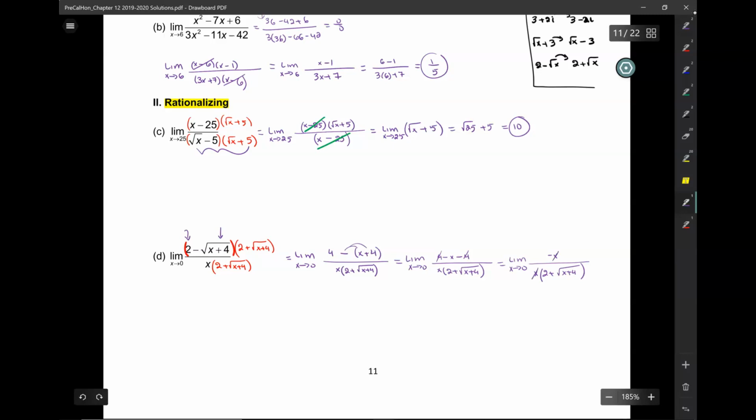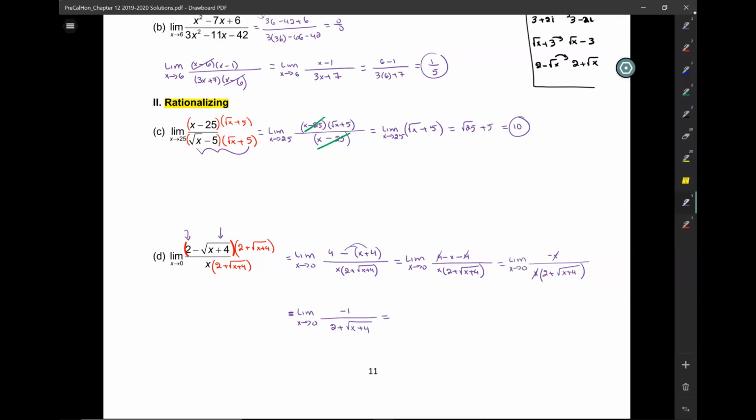So what do I have left? The limit as x approaches 0 of negative 1, don't forget, over 2 plus root x plus 4. Now, there is no more algebra I could do.